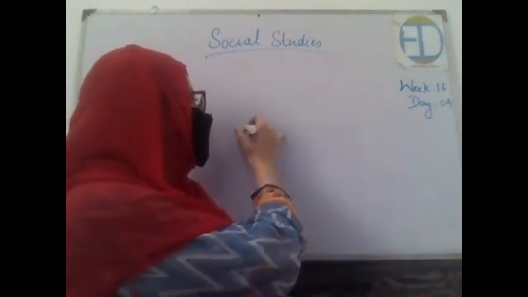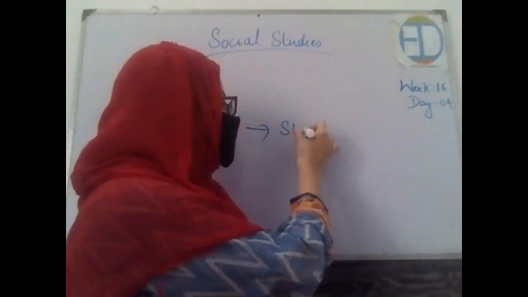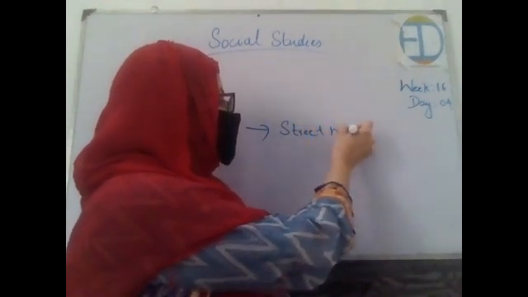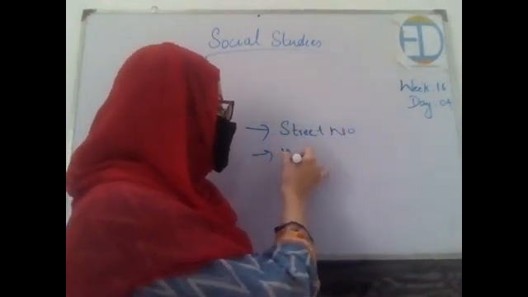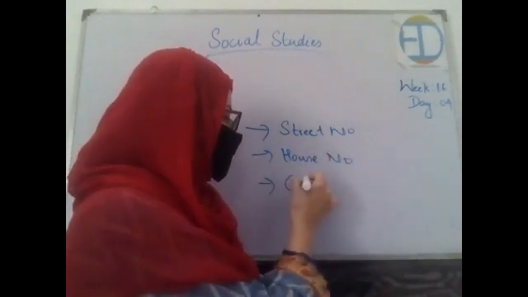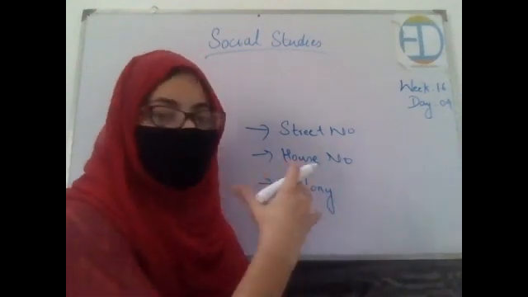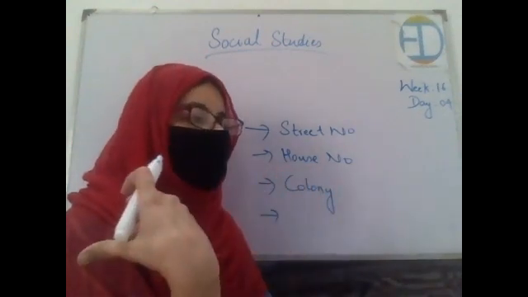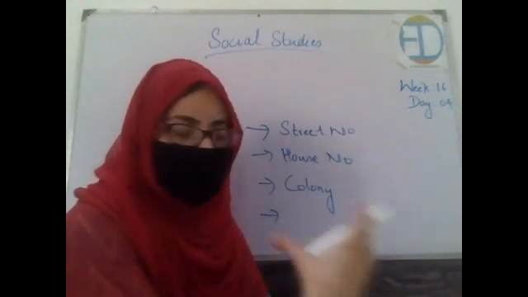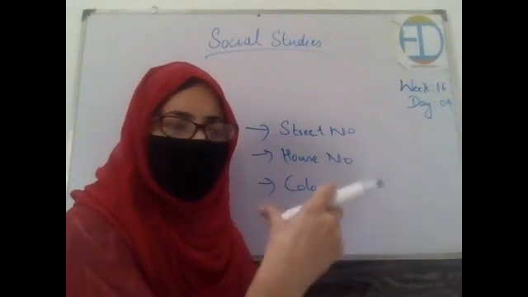So let's first talk about the things. We talk about our street number, the house number, and the colony or the area in which we live. We also mention if there is something opposite, like opposite to Said Plaza or opposite to this school, right?